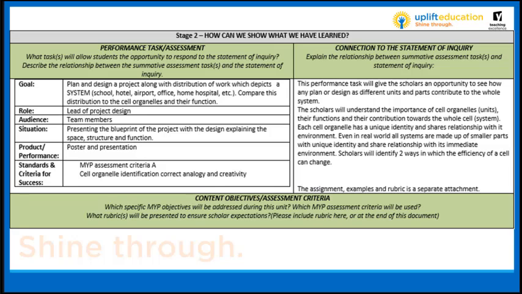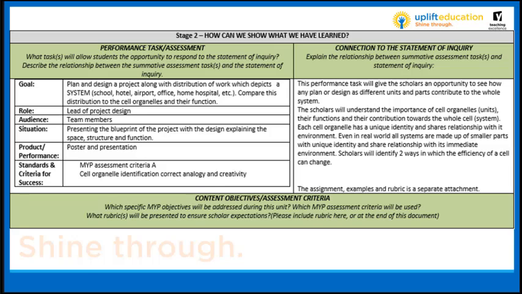So in this case, the students are going to come up with a cell analogy. They will have a goal, role, audience, situation, and a product at the end. Their goal is to plan and design a project along with the distribution of work and compare this distribution of work to the cell organelles and their function.